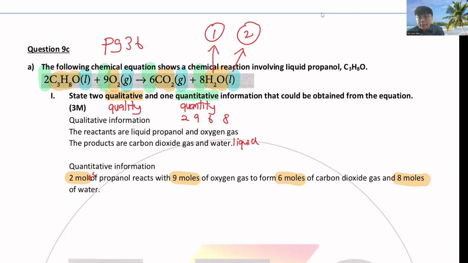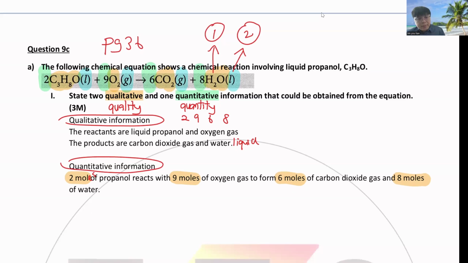You need to tell the teacher this is qualitative, this is quantitative. If you get a question like this, it is a very simple free 3 marks.